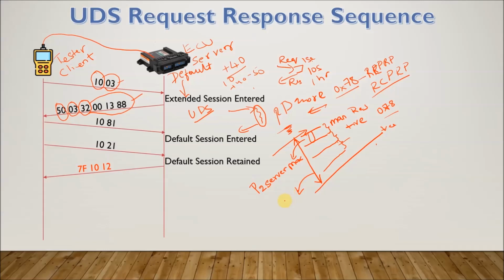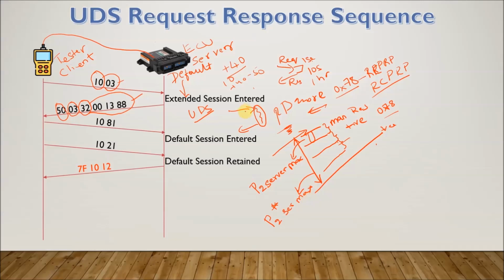If a positive response is not sent, then it will be considered as no response sent. That maximum time is P2 star server max. So that will be the two parameters.